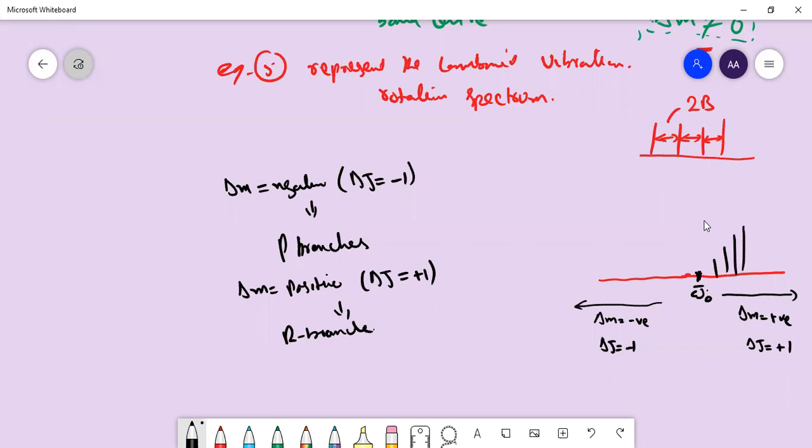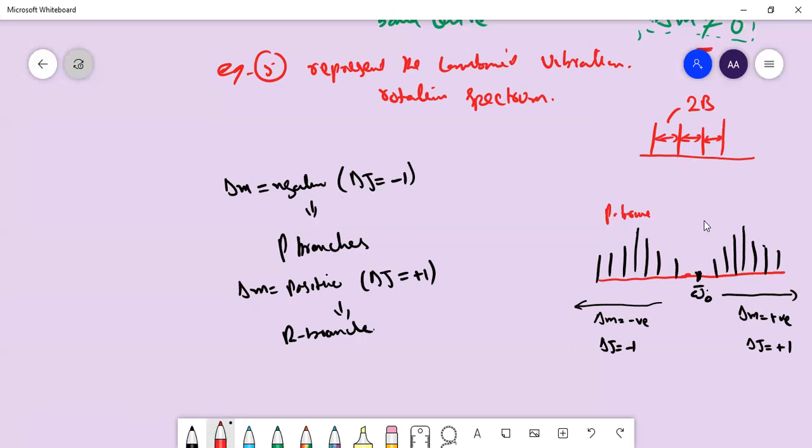like this. The spacing between the respective lines is equal to 2b, and it remains constant. So these kinds of lines you can get in the actual vibration rotational spectrum, and the lines towards the negative delta m, where the value of delta j is minus, these branches are known as P branches.